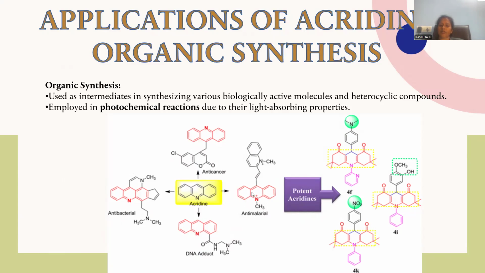This is called quinacridine. And here is acridine bonded with a lengthy alkyl chain over a benzene molecule, and an antimicrobial, antibacterial agent is manufactured starting from acridine. This is the way acridine is a key synthon to fabricate multiple pharmacological agents within the laboratory.